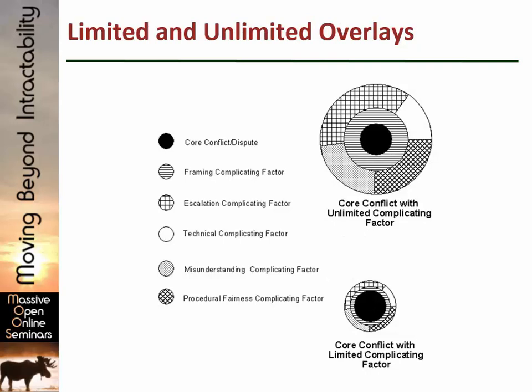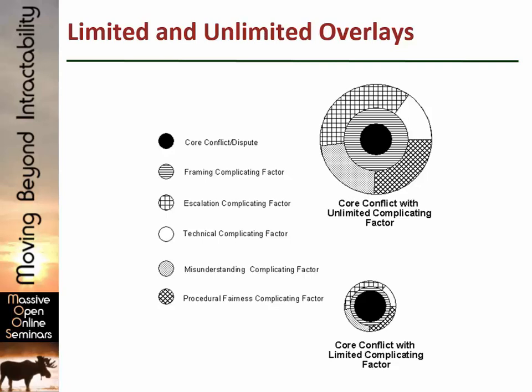So we drew this diagram many years ago to make a distinction between a core conflict with unlimited complicating factors, lots and lots of layers over the core that are thick and make it hard to see the core and hard to address it. And on the bottom, a core conflict where you have limited the complicating factors.